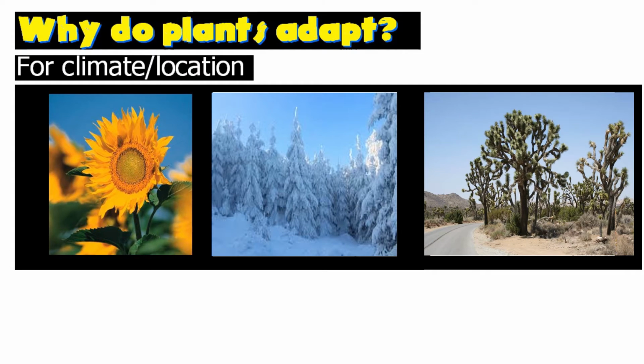There are other cases in which plants adapt to the climate or to the location. For example, sunflower. You probably know that sunflower tends to follow the sun in order to receive the maximum amount of sunlight. Pines and conifers tend to produce canopies of conical shape in order to get maximum reach to the sunlight, and also when there's heavy snow, the snow tends to fall to the ground because of the shape of the canopy or the body of the tree.